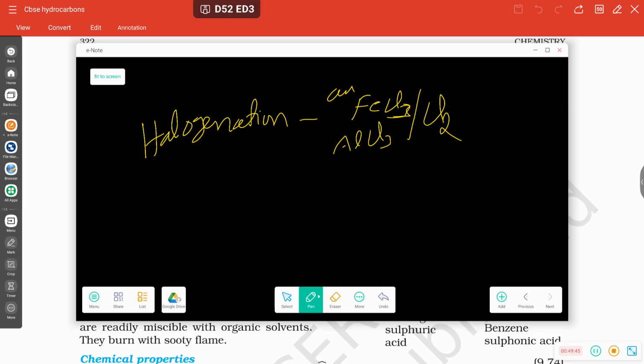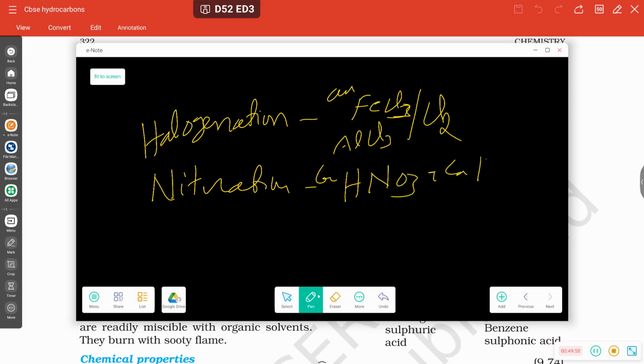Like that, for nitration, very important: concentrated HNO3 and concentrated H2SO4. This is the nitration mixture. Very important here: what is the electrophile? NO2+ is the electrophile.